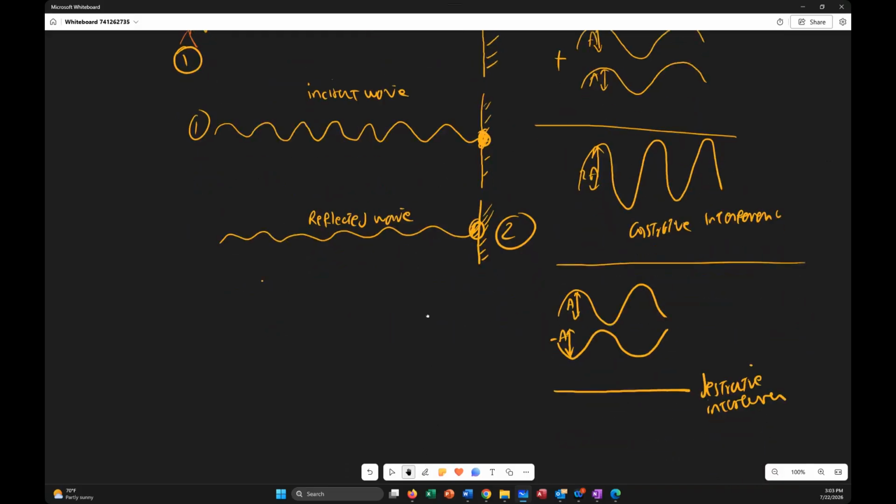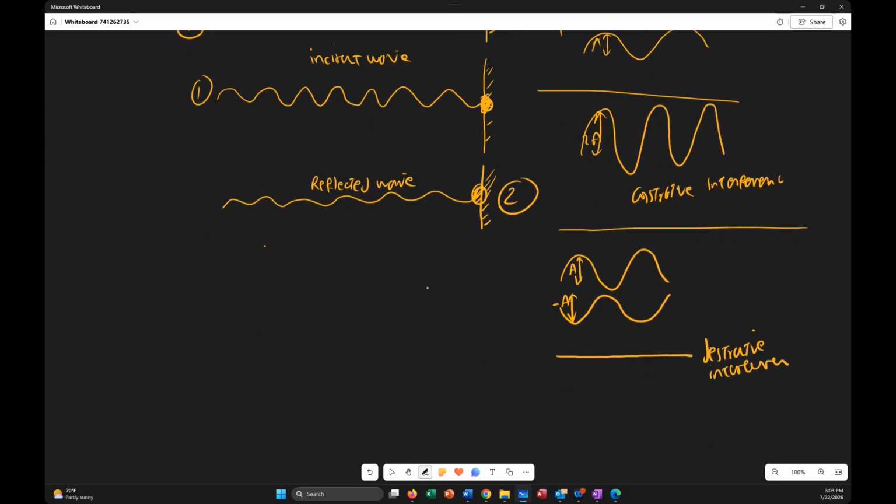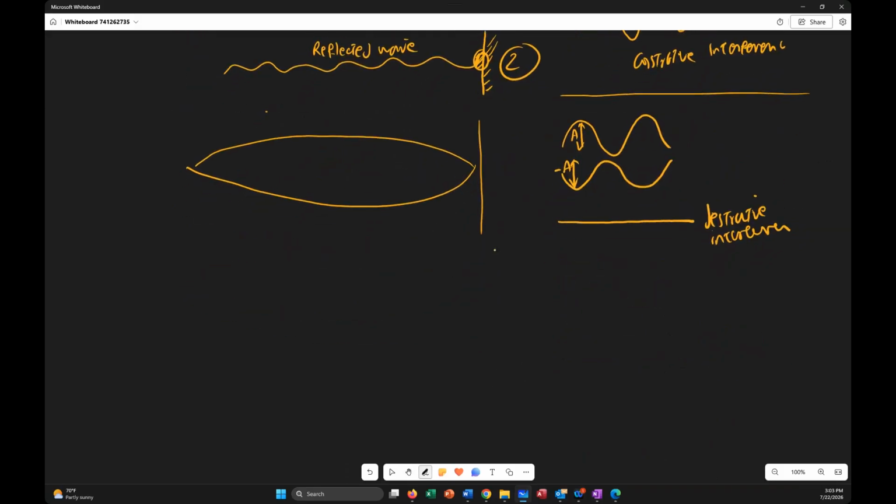When this happens, it depends on the frequency. Sometimes we will have this wave. This is called a standing wave. Definitely you have seen it in the experiment. Sometimes we will have this kind of wave. We have one loop, and then two loops.